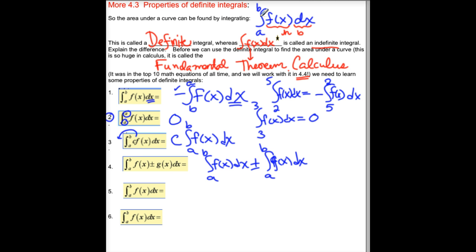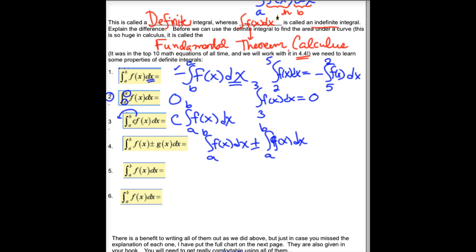All right, the next one. When I integrate from A to B, again, this one is pretty self-explanatory. I'll give you a little picture of what this one says. If I integrate from A to B, I'm going to find the area under the curve. If I take any value C in between A and B, it's very legal for me to split it up into 2 integrals where I go from A to C, and I find that area first.